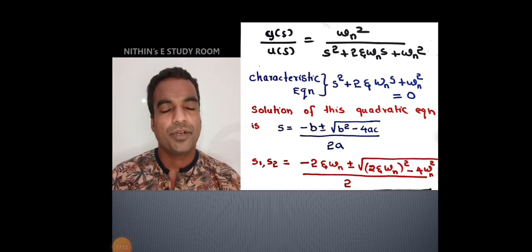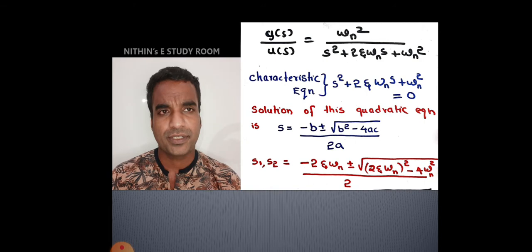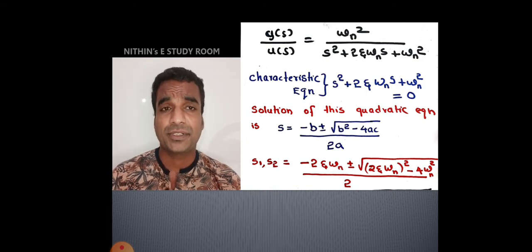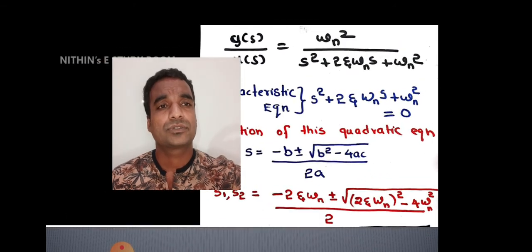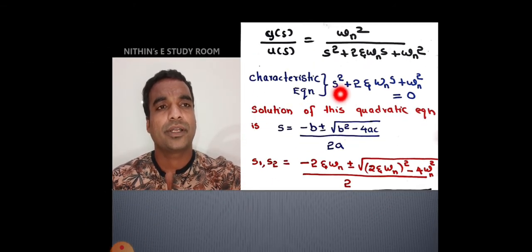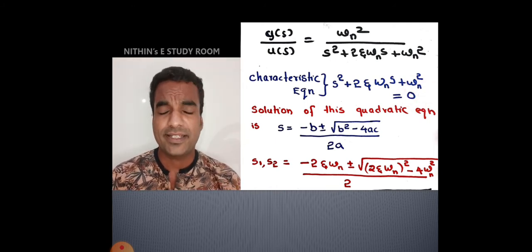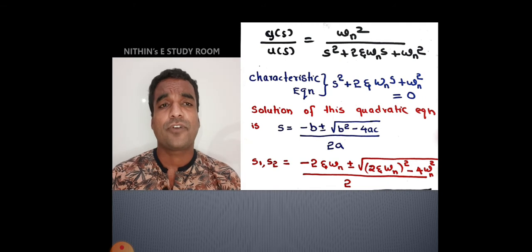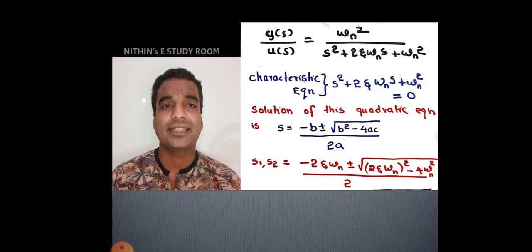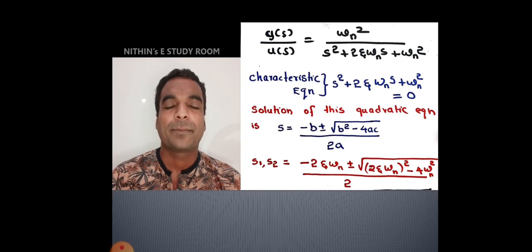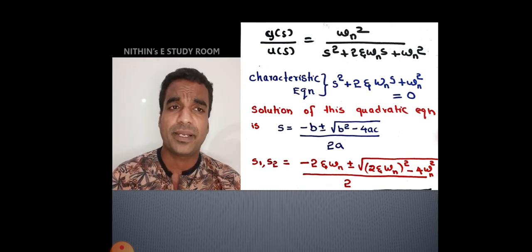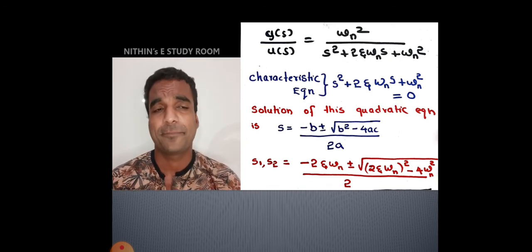Now Y of s by U of s is equal to that equation. With the characteristic equation, that is the denominator equal to 0, we get s square plus 2 eta omega n s plus omega n square equal to 0. This is a quadratic equation. For finding the solution, we have a standard formula: minus b plus or minus square root of b square minus 4ac, by 2a.